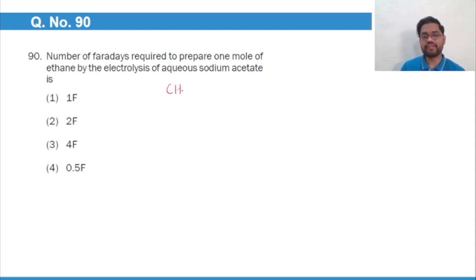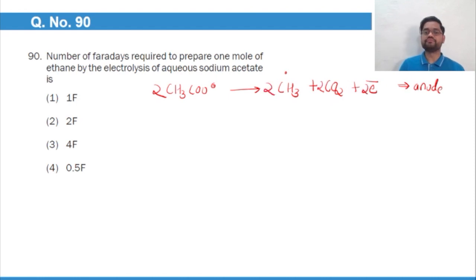Sodium acetate gives the CH3COO minus ion. On electrolysis, you will get CH3 free radical plus CO2 plus 1 electron evolved, and this takes place at the anode. I require 2 moles, so CH3-CH3. So 2 moles of electrons are required, and hence 2 Faraday will be the right answer.